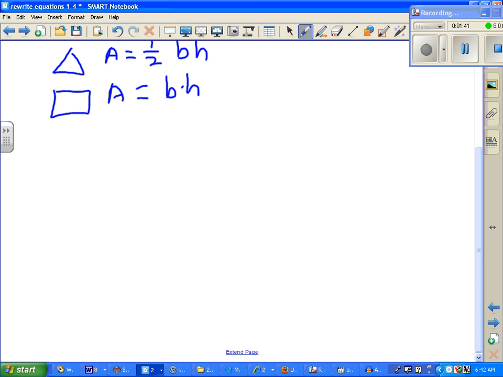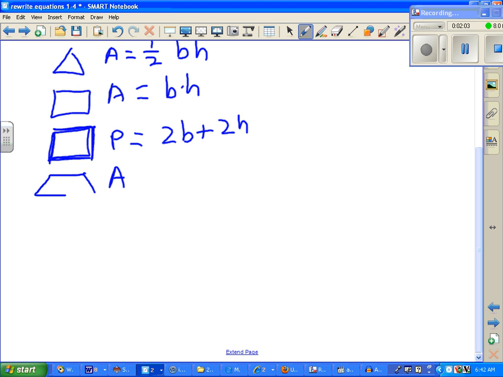Perimeter of a rectangle. The perimeter of a rectangle, that is 2 bases plus 2 heights, right? Because I got to add up the base twice and the height twice to get my distance all the way around the perimeter. Area of a trapezoid from geometry. Remember, we average the bases. So I'm going to do a little different here than the book has it.